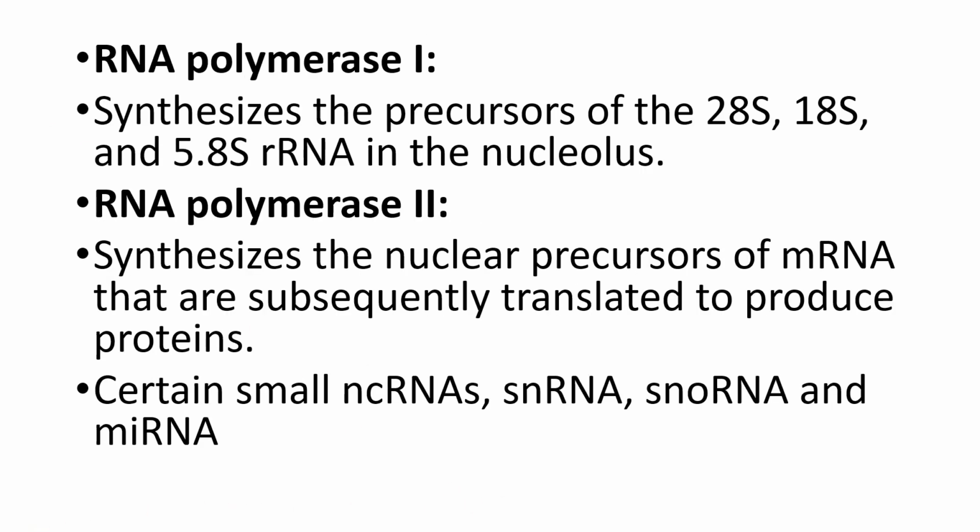One class of RNA polymerase in eukaryotes is RNA polymerase 1. RNA polymerase 1 synthesizes the precursors of 28S, 18S, and 5.8S ribosomal RNAs.